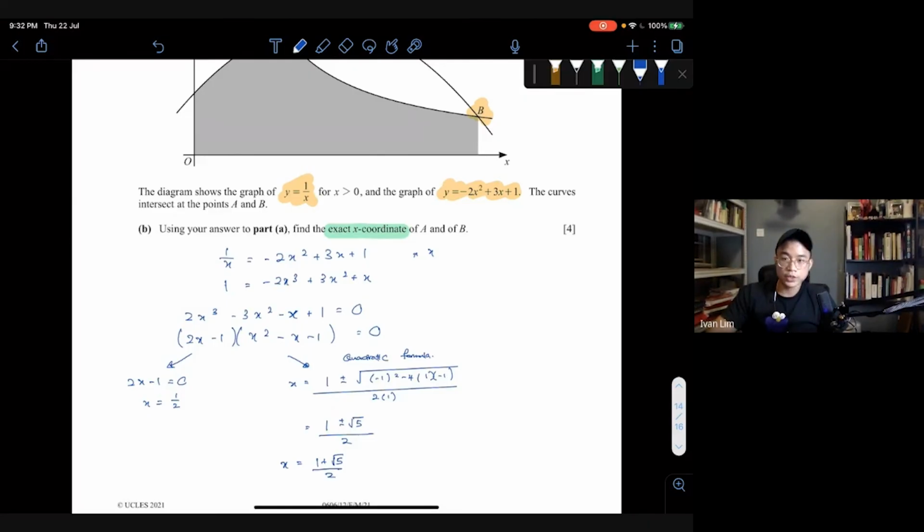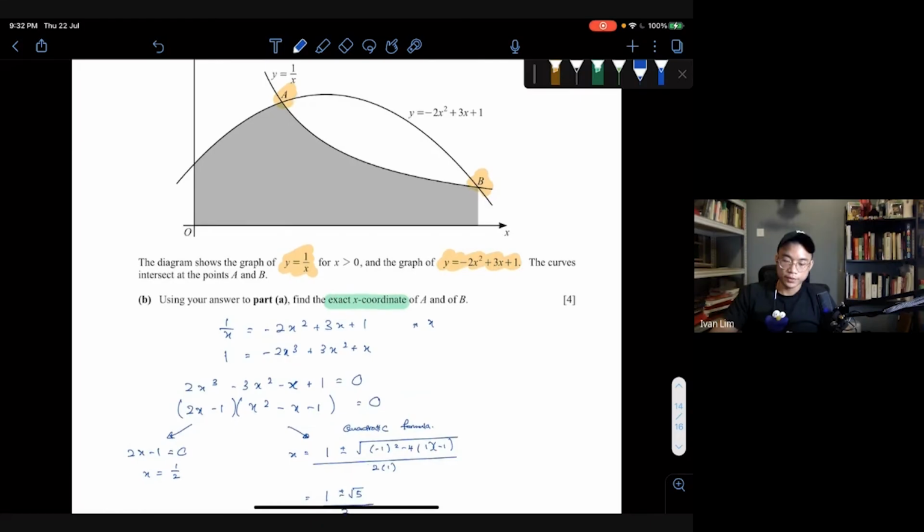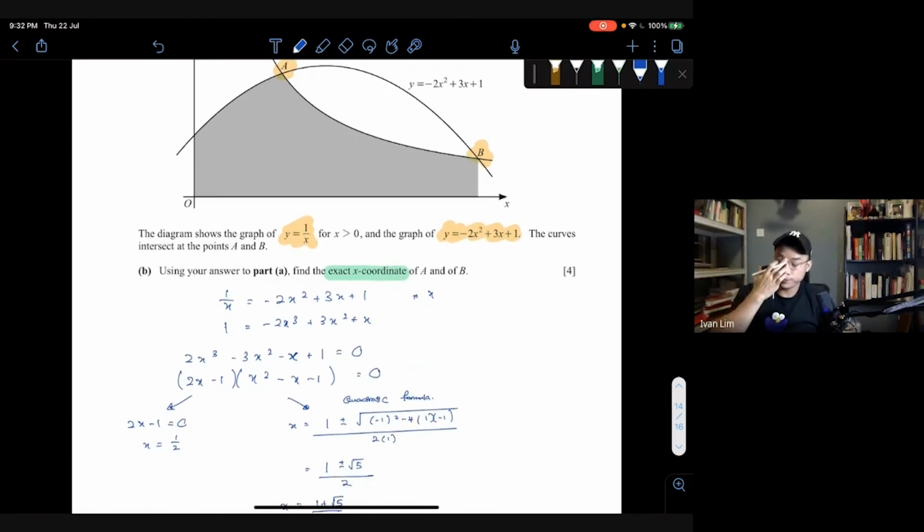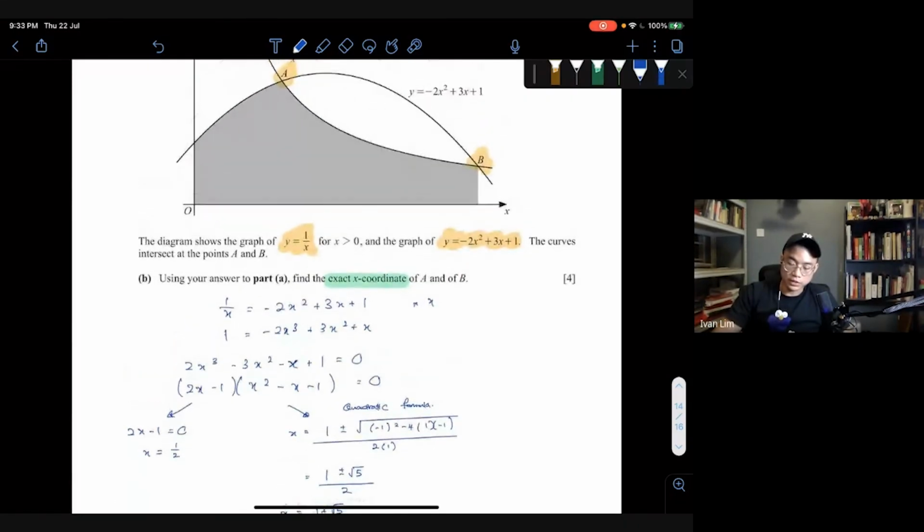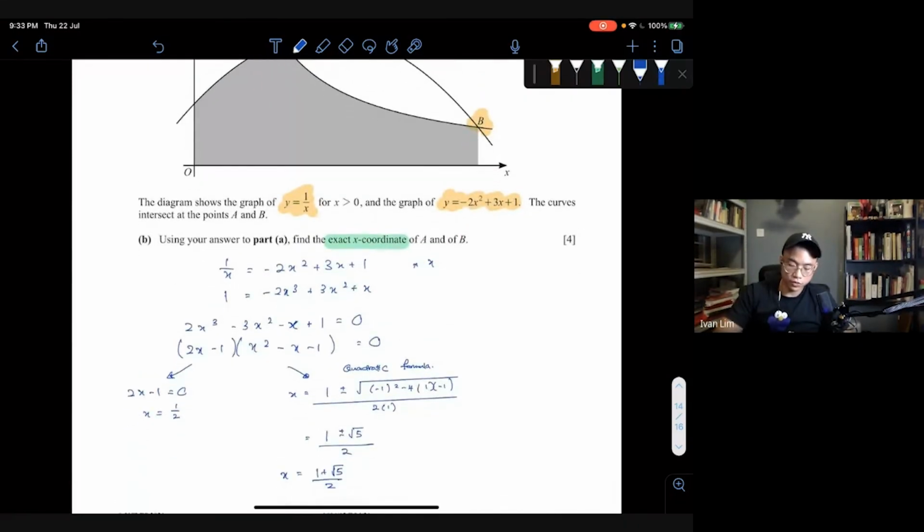How do I know which one is a, which one is b? See which value bigger lah. Okay, so that means these two graphs will actually intersect 3 times, just that we cannot see the third time, it is at the back of the graph. Okay, so a is the smaller value, b is the bigger value, so you compare 1 plus root 5 divided by 2, this value is 1.62, so it is bigger than half.